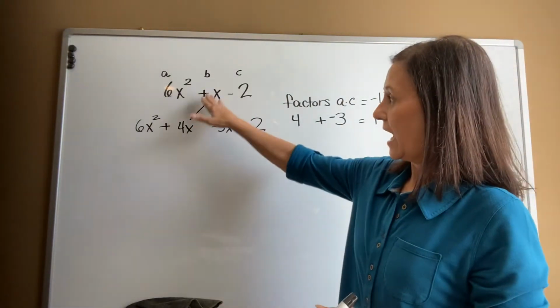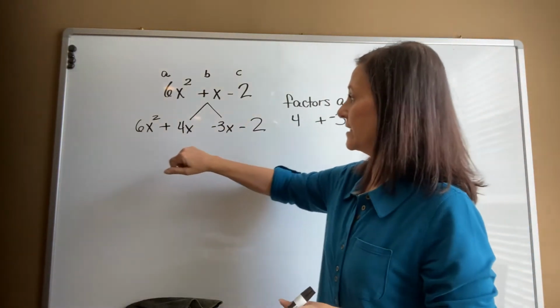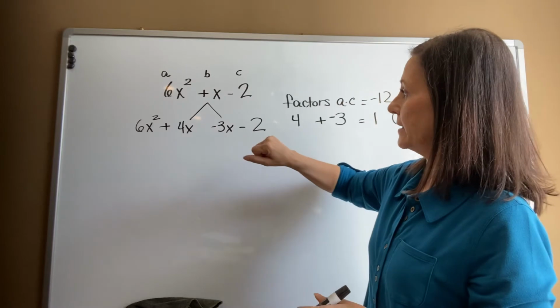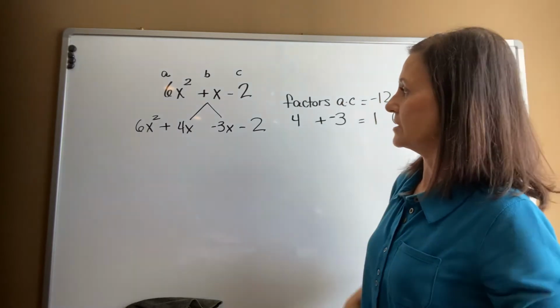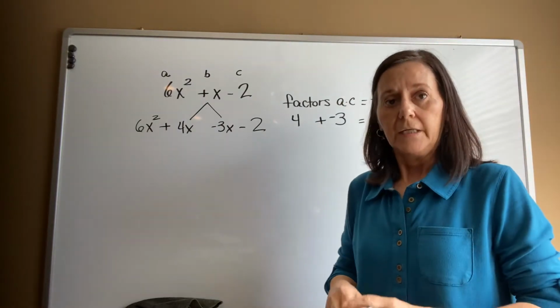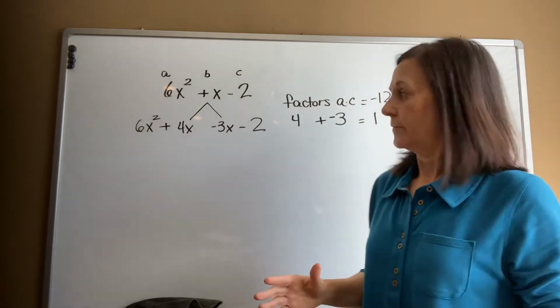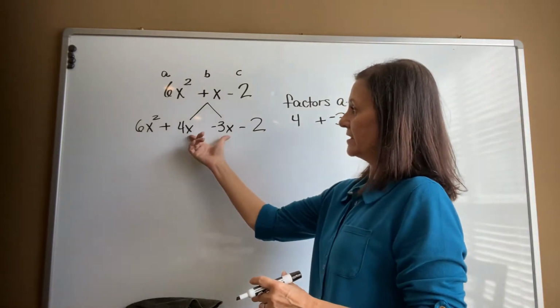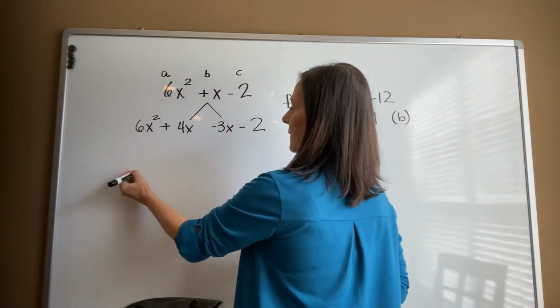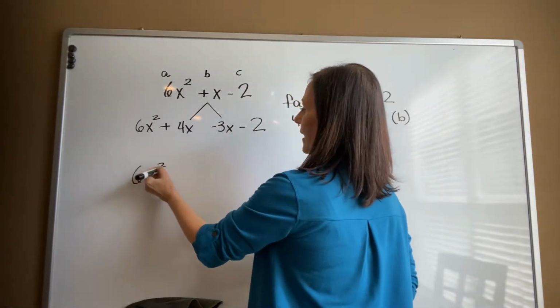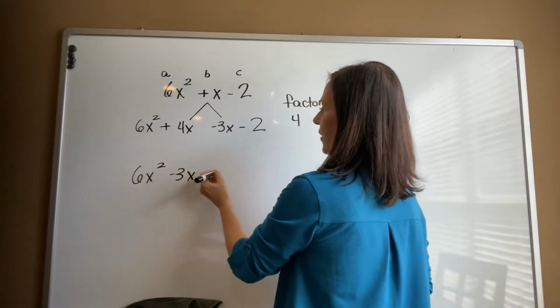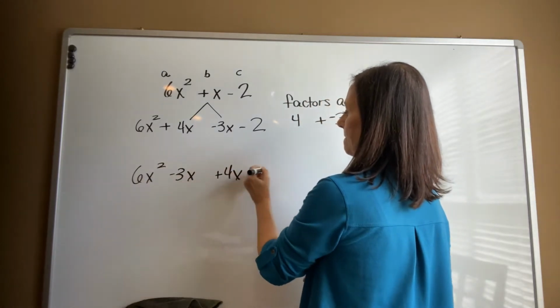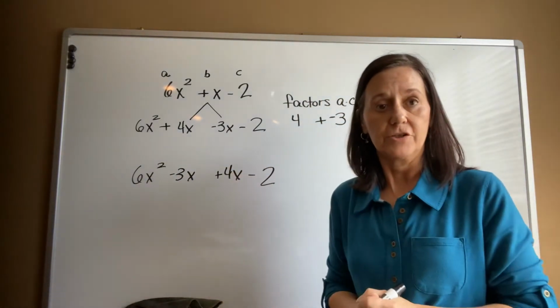So I rewrite this equation as 6x squared plus 4x minus 3x minus 2. All right? So this one is trial and error, because these terms can be this way, or we can write the -3x first and then do the factoring.